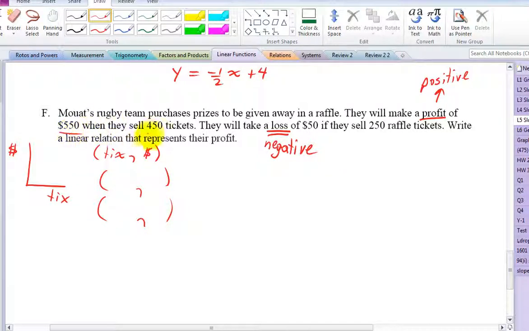Here's one, and there's the other. So find your 2 points. So this would be 450, 550. And this other one would be 250, negative 50.